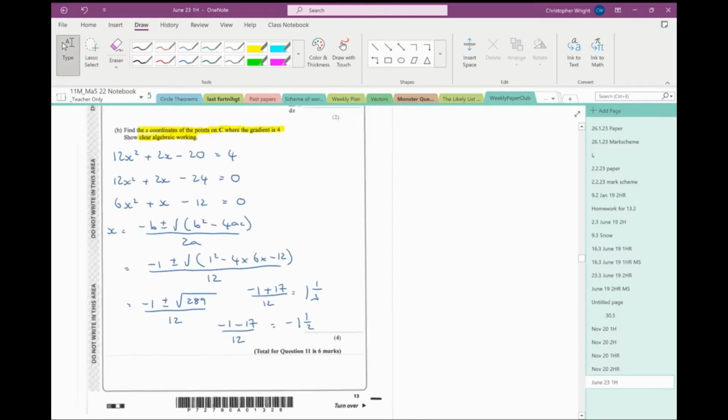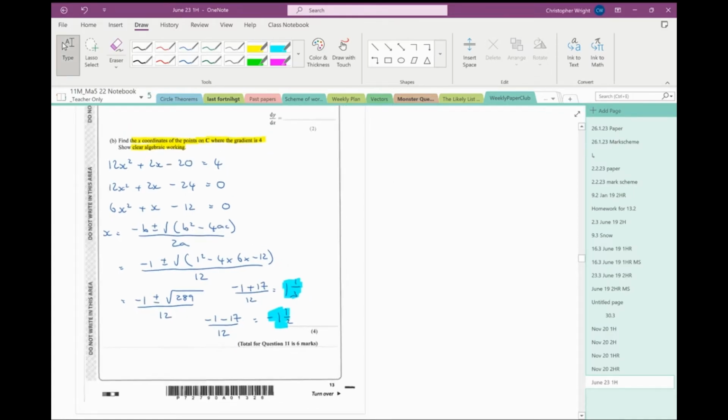Let's just check what it says. Find the x coordinates of the point. There we are. So the x coordinates are 1 1/3 or minus 1/2. And if you were somebody who factorised that, then you would have been able to factorise it to 3x minus 4 lots of 2x plus 3.